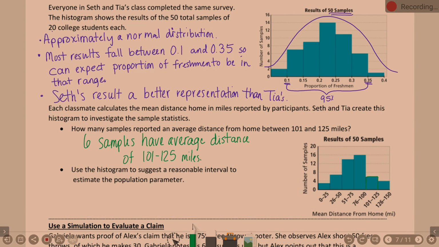I would go a little farther out than just 51 to 100, because again, if we're thinking of this being a normal distribution, which it has that general shape, yes. They're not going to necessarily be perfect, but it has that general shape. If we just pretty much get rid of the tails, what are we looking at here?